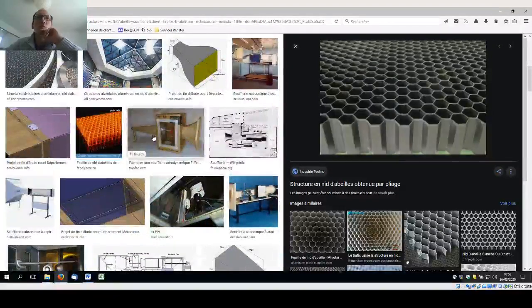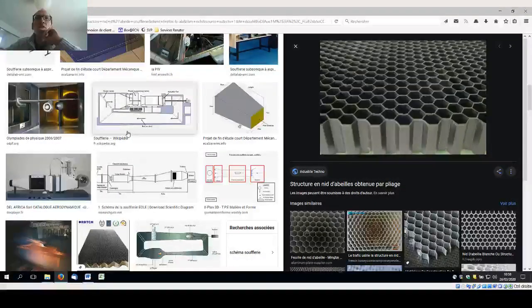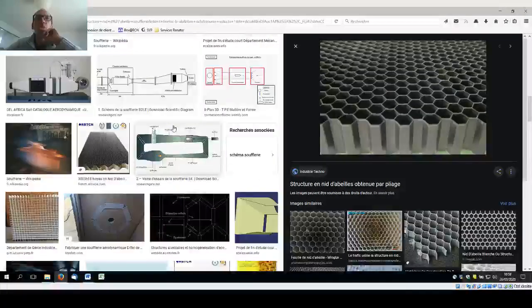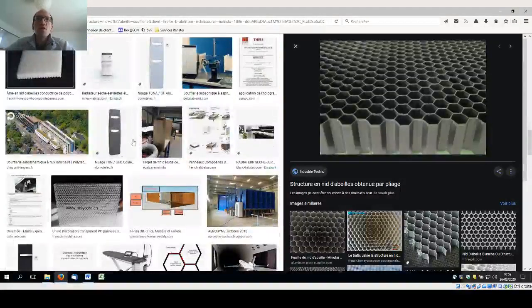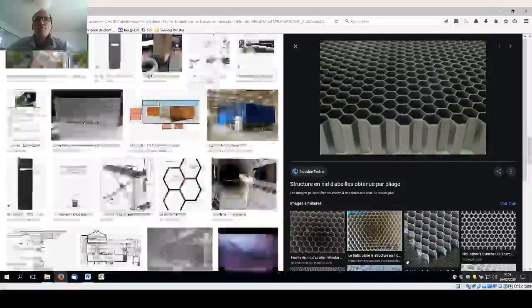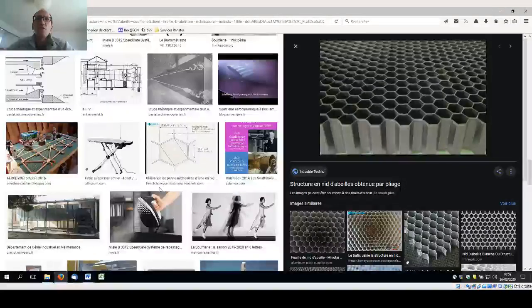I was thinking maybe to find some examples, but it's not very clear. I don't have really an example, but if you just Google a bit, you will find those different elements are present classically in wind tunnels.